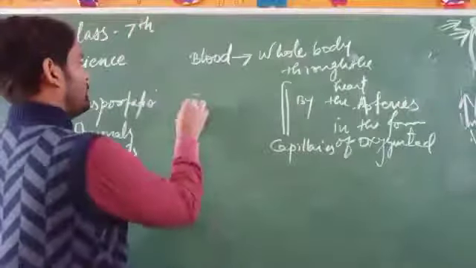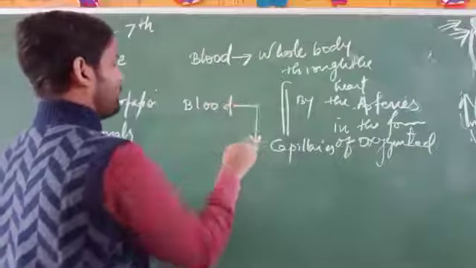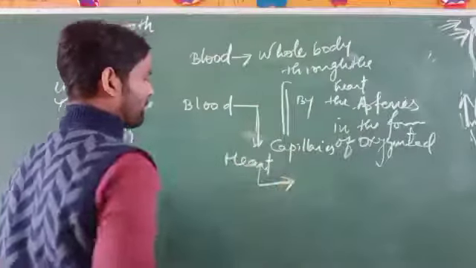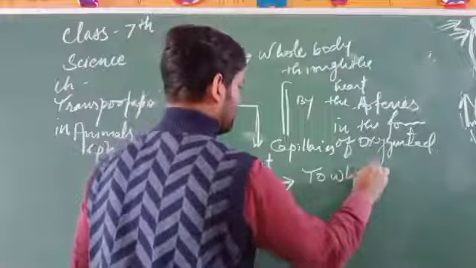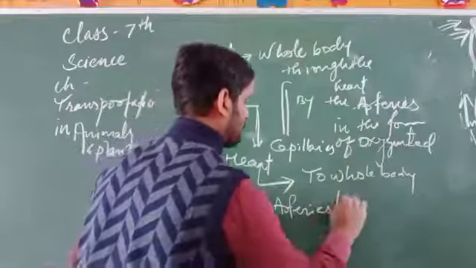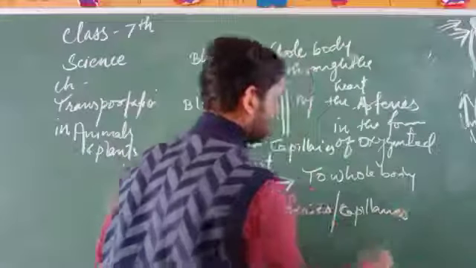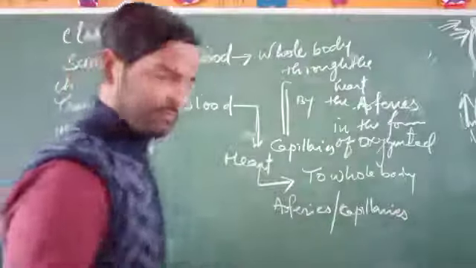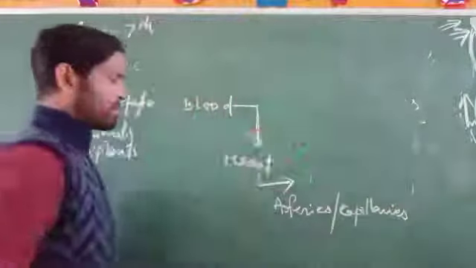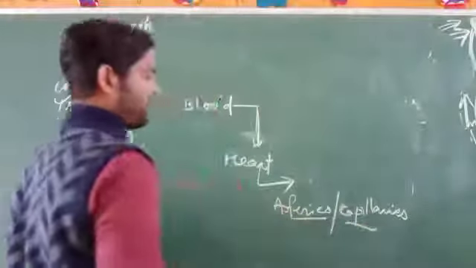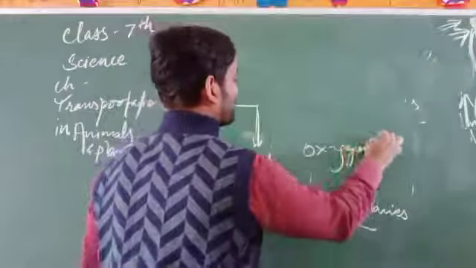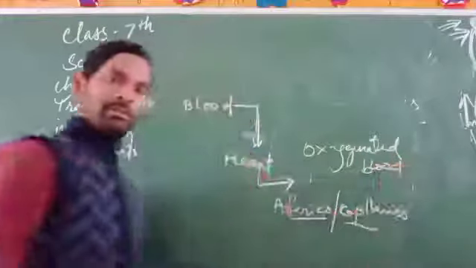So blood gets supplied from the heart to the whole body by means of arteries and capillaries in the form of oxygenated blood. This is the first thing.